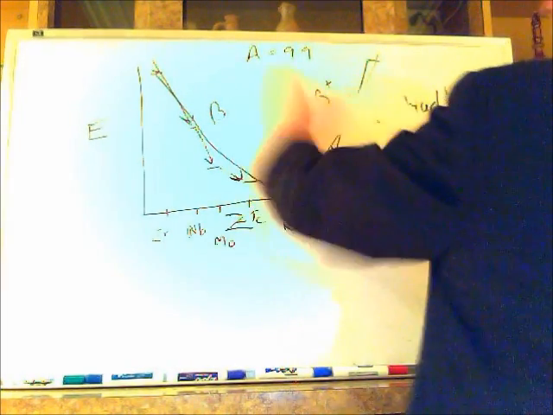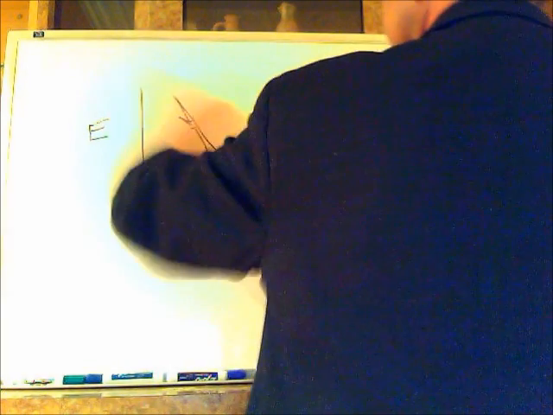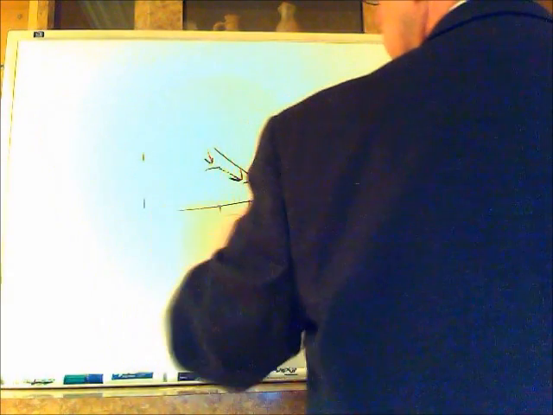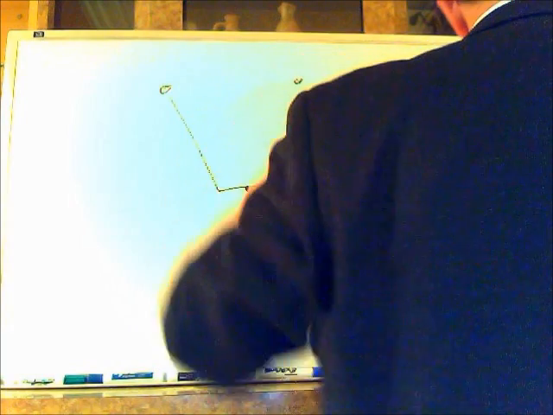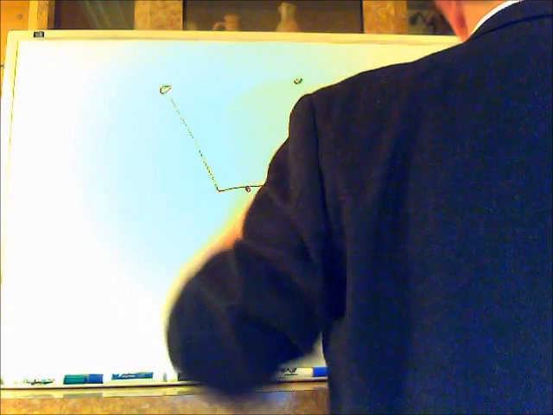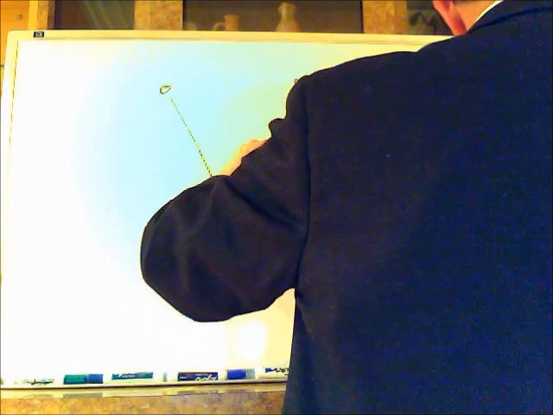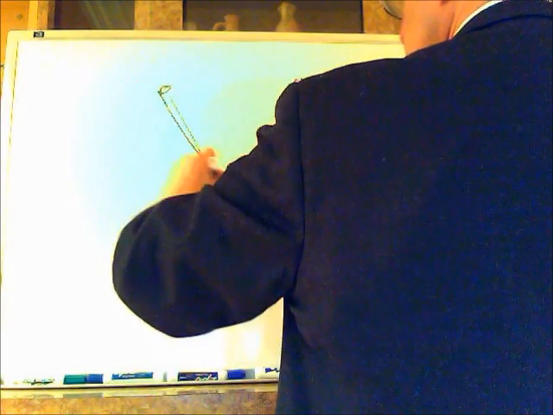Let me erase this. Okay, so you could either have this kind of situation where your stable isobar is here, and then you've got something decaying up here and something up here, and this is odd, even, and it goes like that, and you've got something that goes like that.